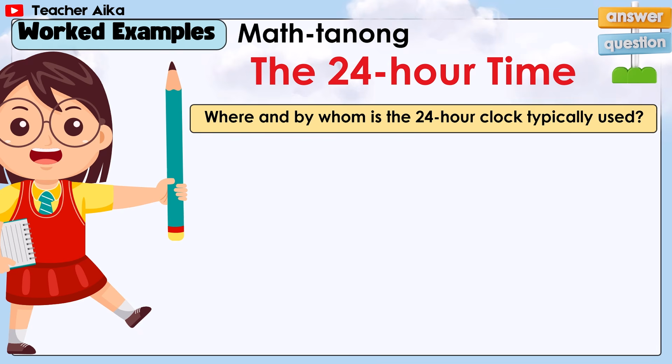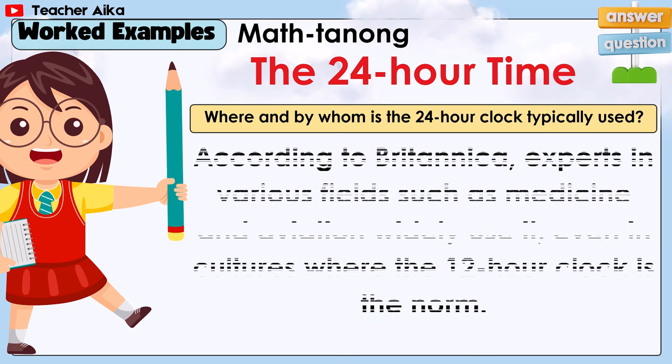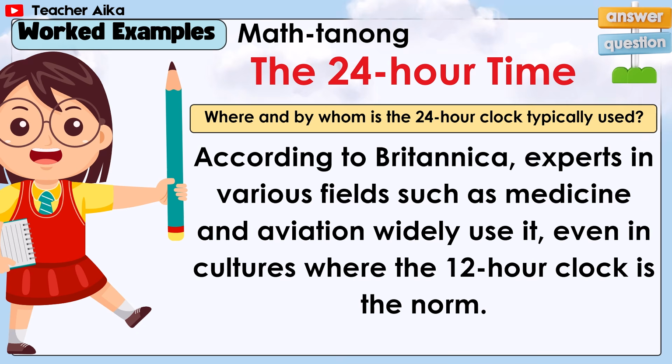Where and by whom is the 24-hour clock typically used? The answer: according to Britannica, experts in various fields such as medicine and aviation widely use it, even in cultures where the 12-hour clock is the norm.